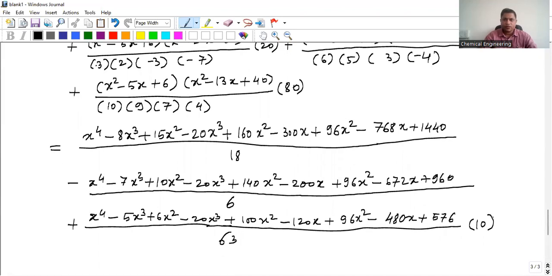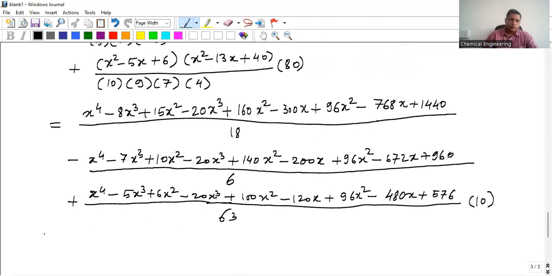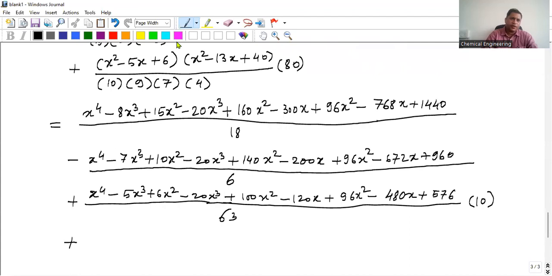Now see the next. What is the next term we have? This one. So let us multiply this. There is only one minus, so we can consider this directly minus.